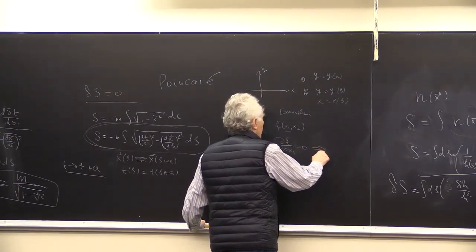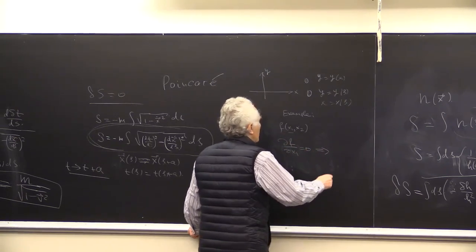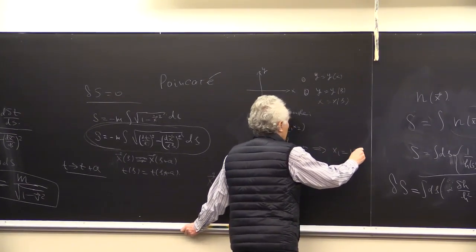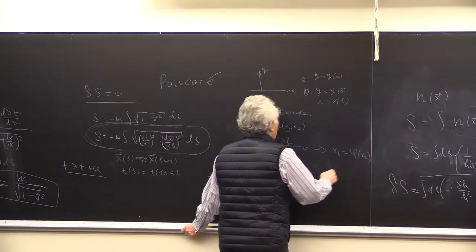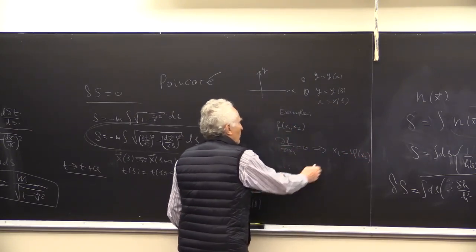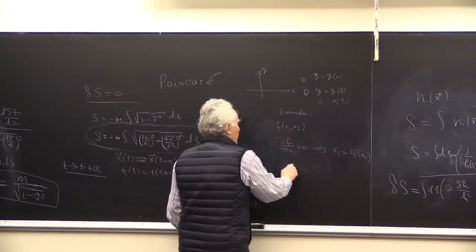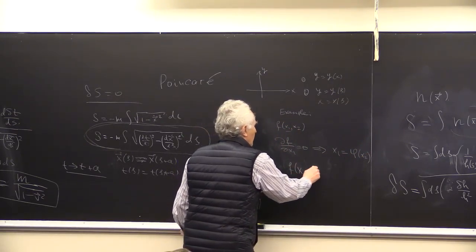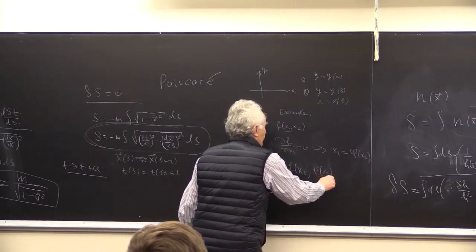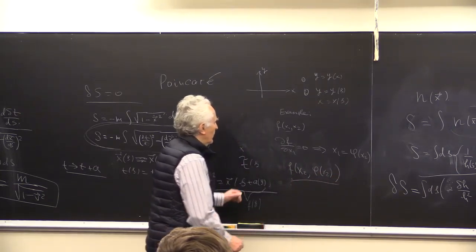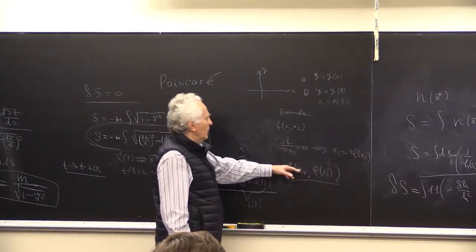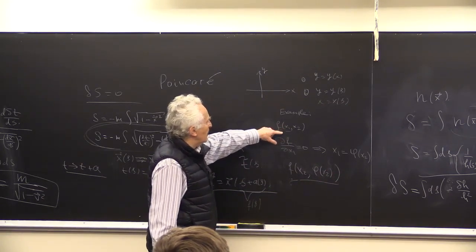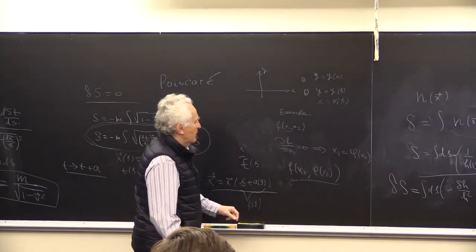That gives you the relation where x1 is some function of x2. Then you plug this relation back into this function. You get something which depends on x2 only. And now you can vary with respect to x2. And that will be the same as this procedure.